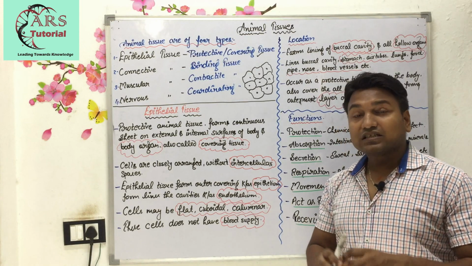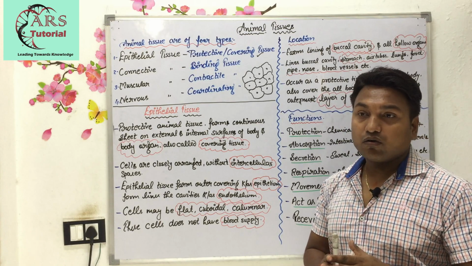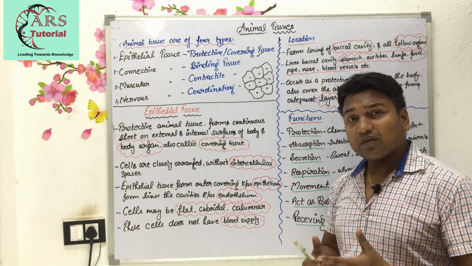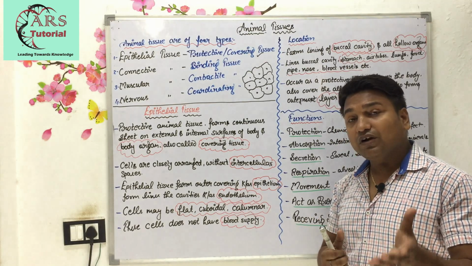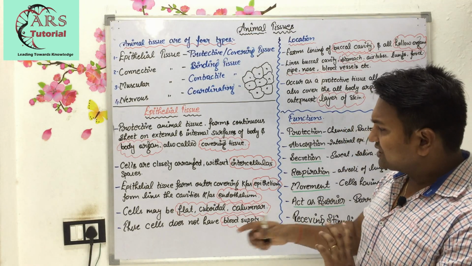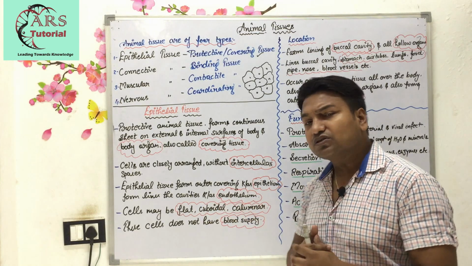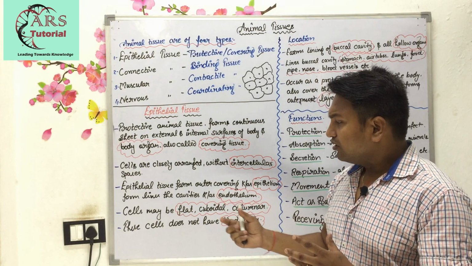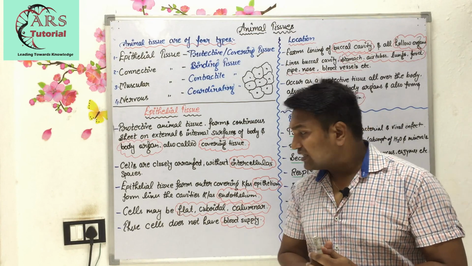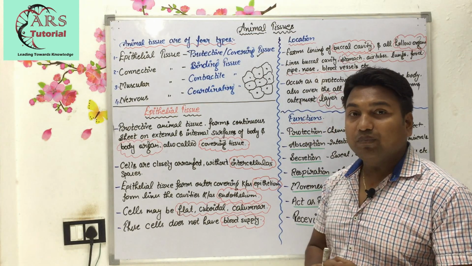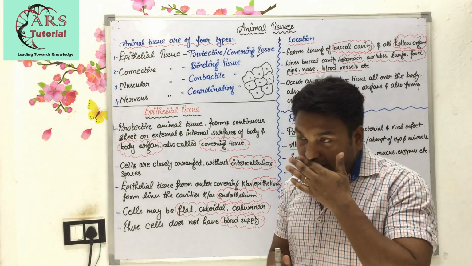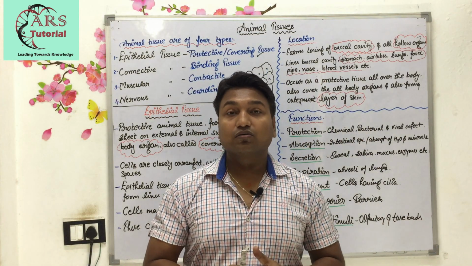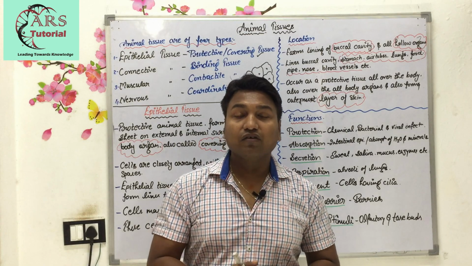Now the next point is that the cells may be flat, oval, columnar, or cuboidal. There are many shapes, and when we discuss the types of epithelium you will see all these shapes. The last point is that these cells do not have a blood supply. It means that in epithelial tissue there are no arteries, veins, or capillaries. There is no supply of blood.